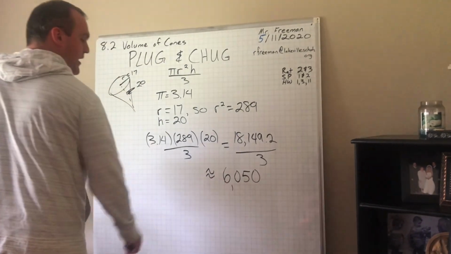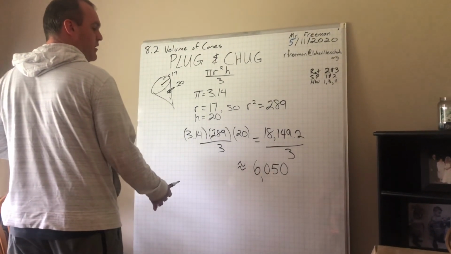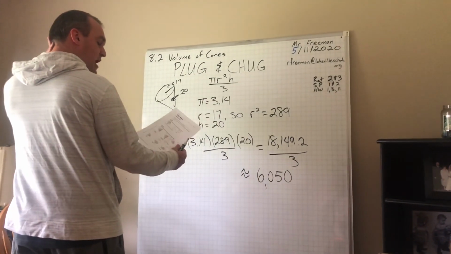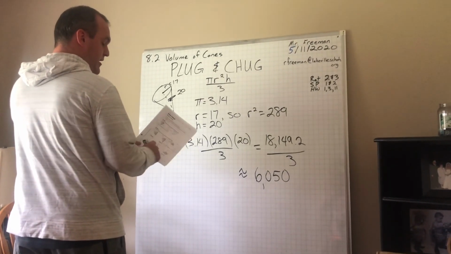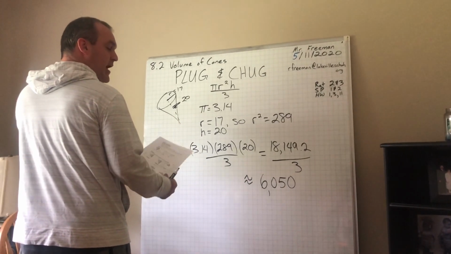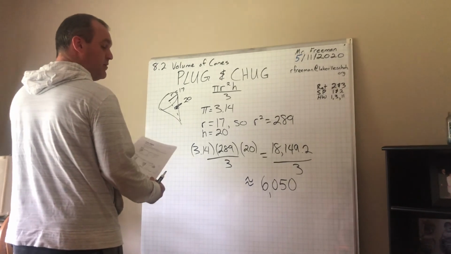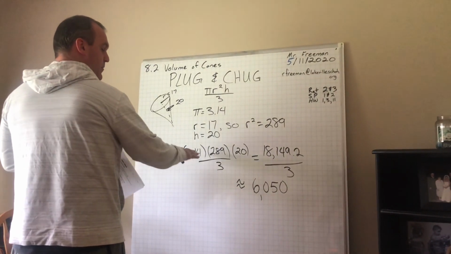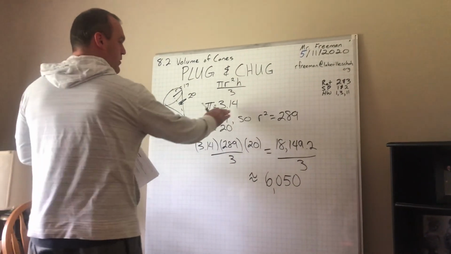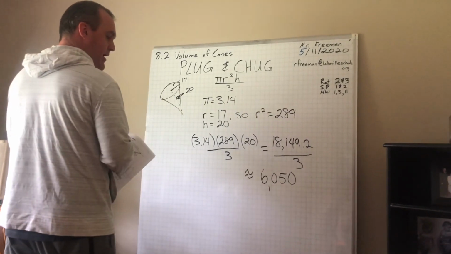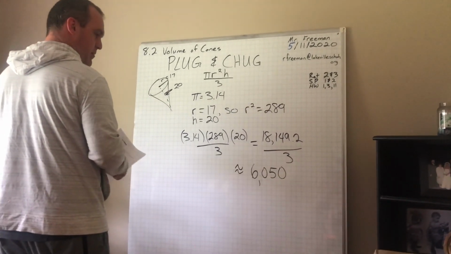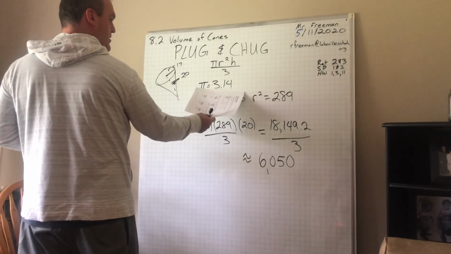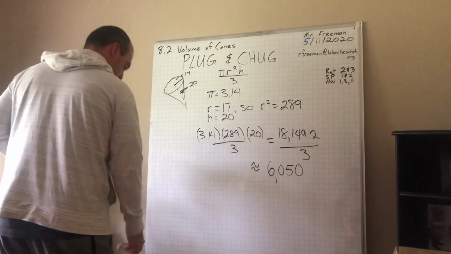And I'll say again on this first problem that right away you'll notice that the answer sheet I gave you says 6,052.8 on your answer sheet that you'll have available to you. It's only because for pi, instead of 3.14, they use more digits, but I guarantee you as you're using pi throughout your math, almost 99% of the time, if not more, you're going to be using pi as 3.14.